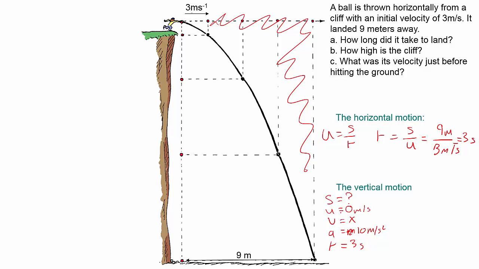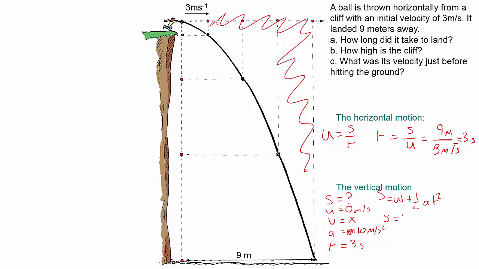So the equation which doesn't have the v in it, the one that we used before, S equals ut plus a half at squared. Now in this example we don't need to do any rearranging, but if we did, it's easier if you put all the numbers in first. As it happens, it's rearranged the correct way for us.